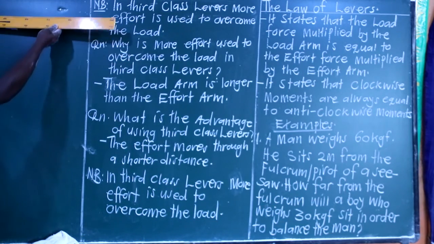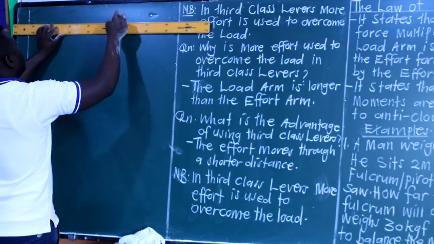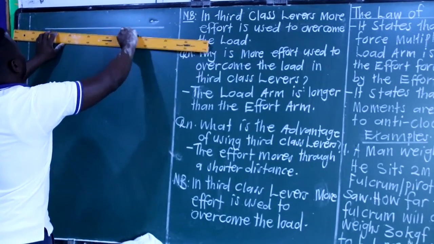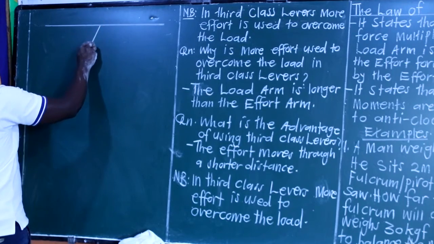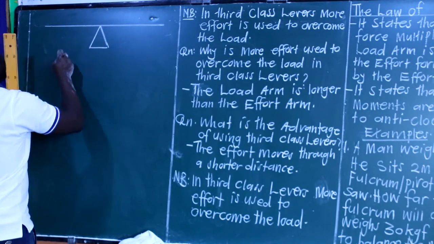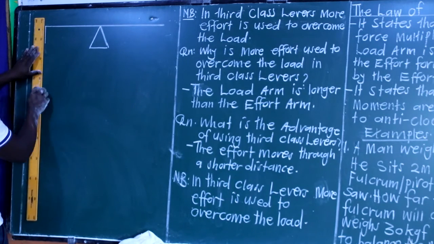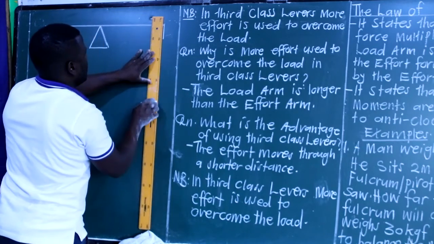So this is what we are going to do. I want to draw a seesaw, and we shall put the pivot. Remember, you've been told a man who weighs 60 kilogram force.